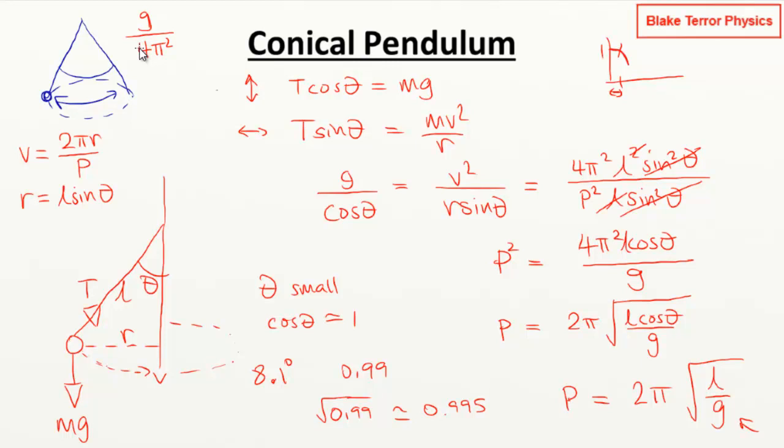Say we were going to have 9.8 for G divided by 4, and then divided by pi squared. So it's a 25 centimeter string by the look of it. So yeah, if we got a 25 centimeter conical pendulum, then we've got a 1 second ticking clock.